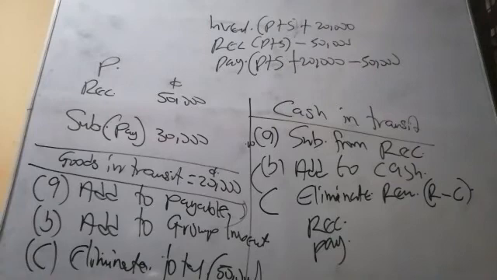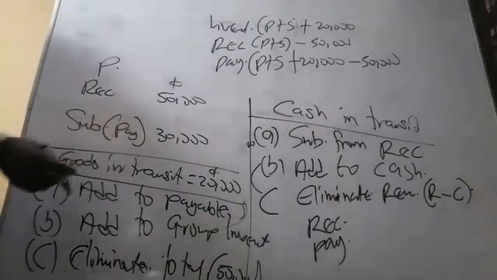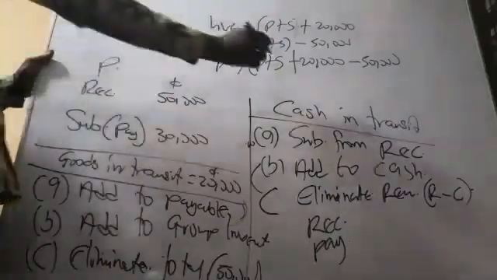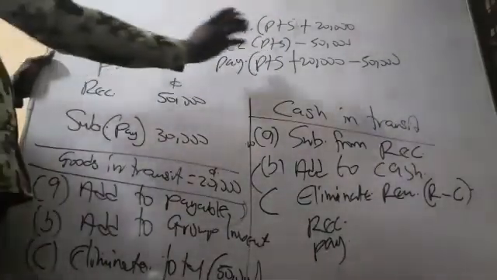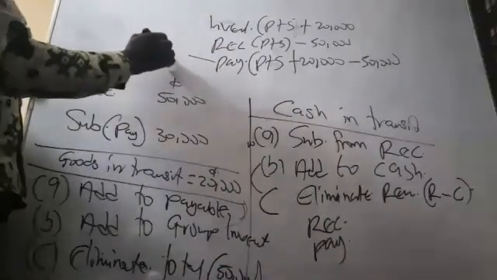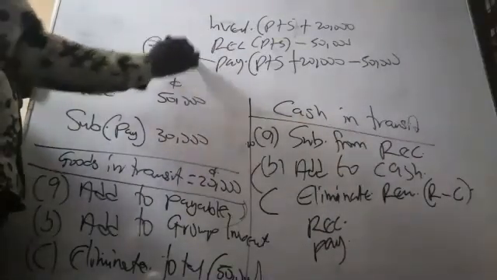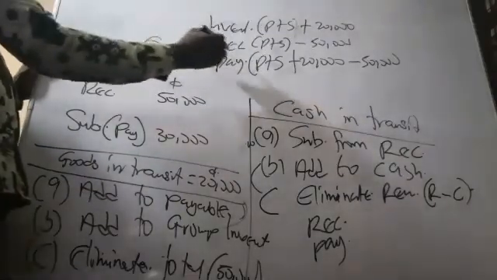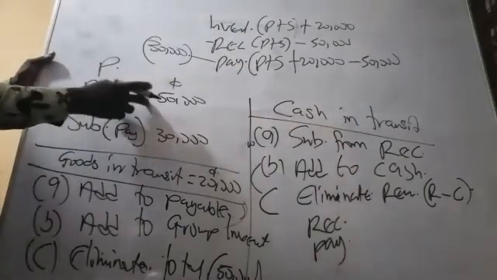That's all. Now let's look at the shortcut. This is a long approach. The shortcut is this. It's the same as taking off this 50, taking off this 50. So here, don't worry yourself. Less the payable 30,000, subtract 30 from the payable, and subtract the 50 from the receivable, the entire figure.